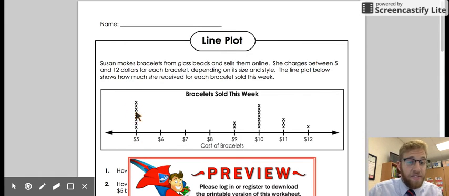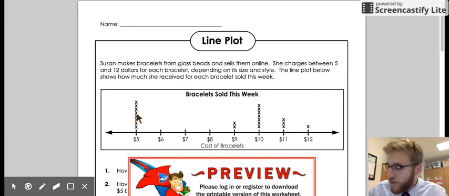If you were thinking $5, that's correct. So this time we need to count by 5s to see how much money all of these bracelets are in total. So that's $5, $10, $15, $20, $25, $30, $35, $40. She earned a total of $40.